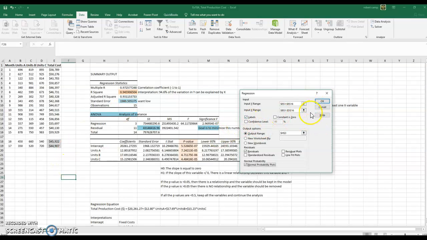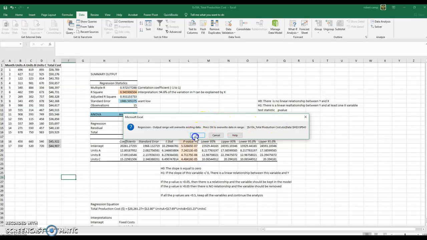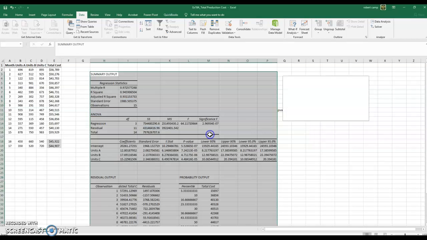And so I'm just going to drop it in the same place, so everything that we've written is going to go away. If you want to keep this, change the output range to somewhere else. But I'm just going to drop it in the same spot, say okay, okay. And so now what happens is it just rewrote in the same spot.